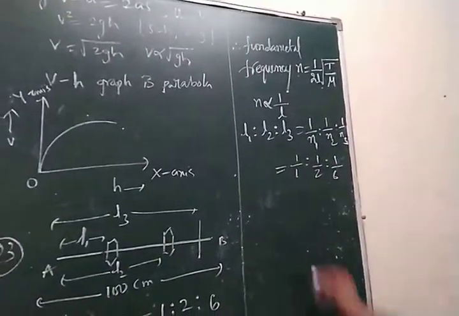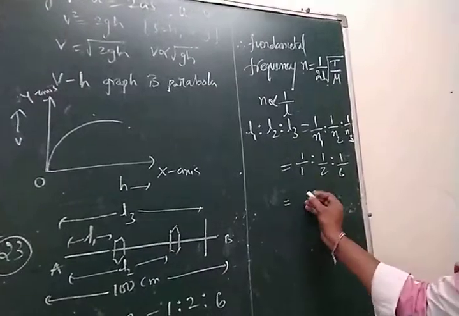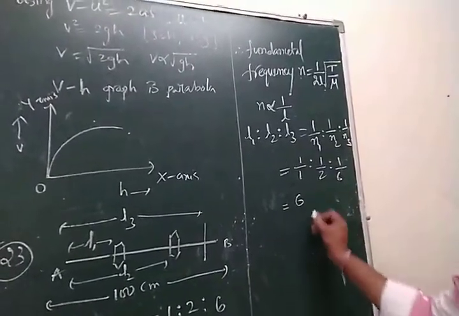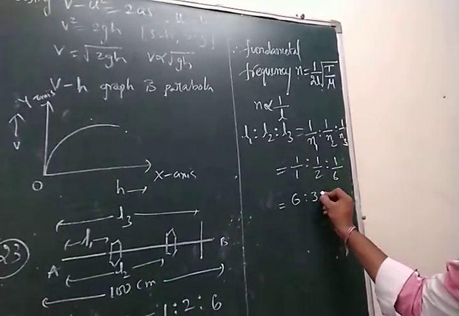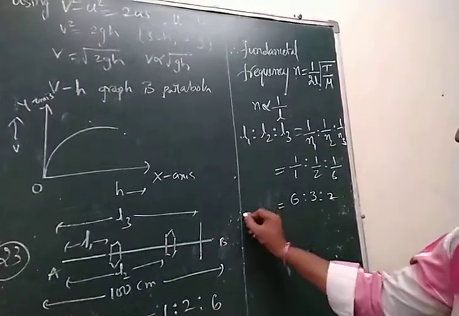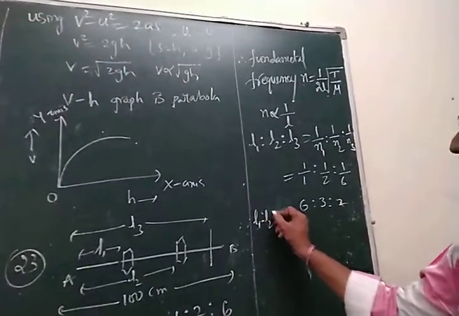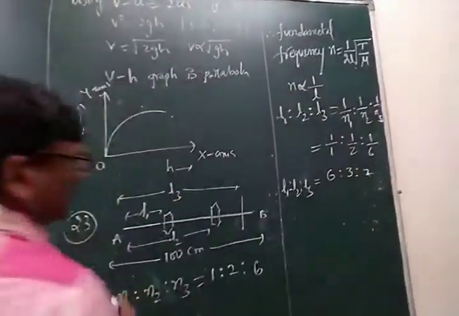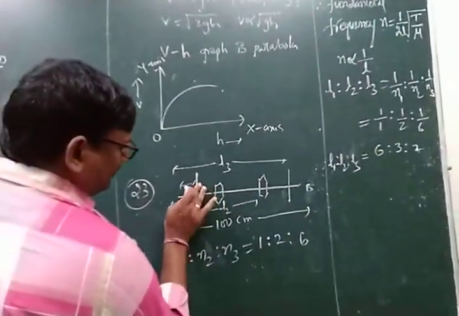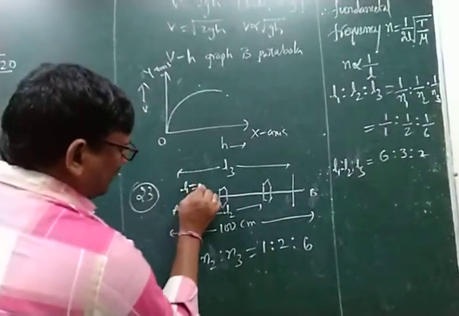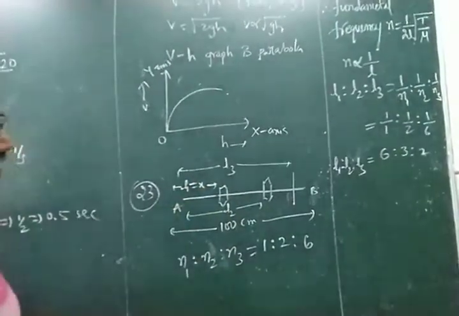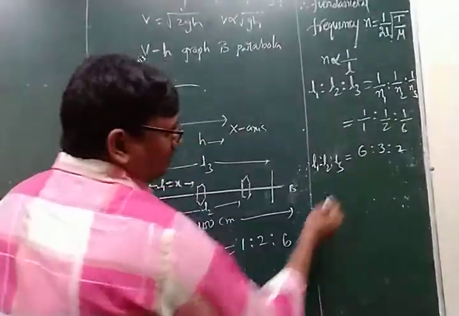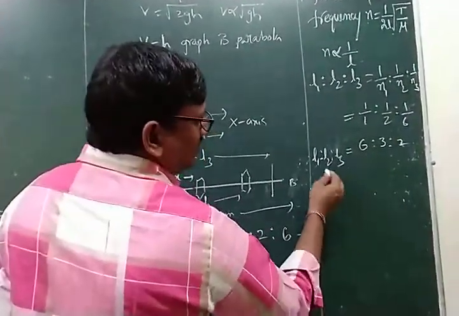Take the LCM here. The LCM will be 6. So we get 6, 3 and 2. That is equal to L1 is to L2 is to L3. See here, we consider L1 as 6x, L2 as 3x, and L3 as 2x.